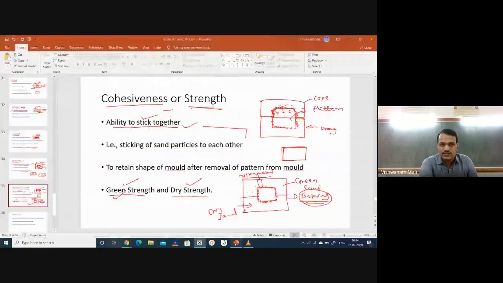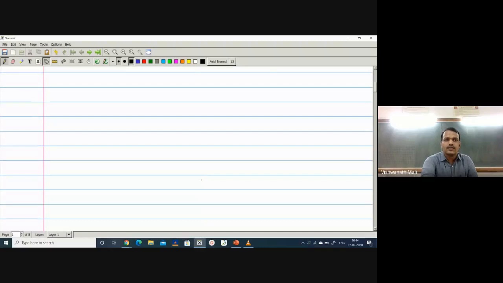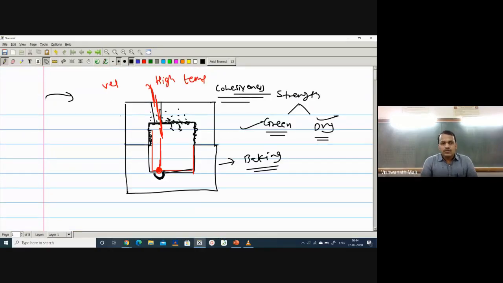And similar to this is our last property, that is refractoriness. So what is refractoriness? Whatever sand particles are there, in some cases, if the molten metal temperature is very high, the sand should withstand that high temperature.